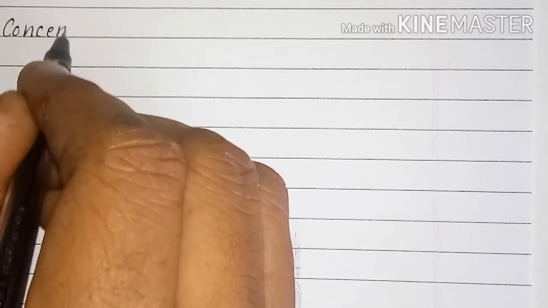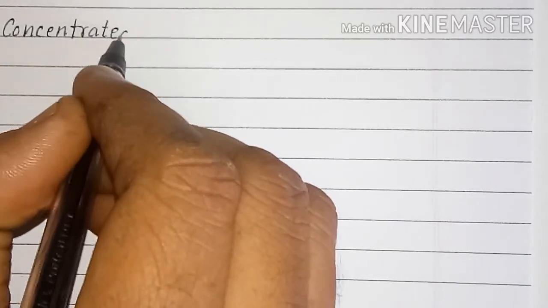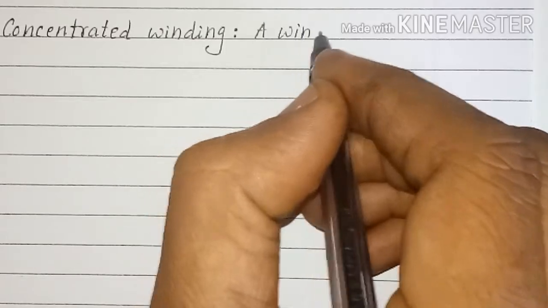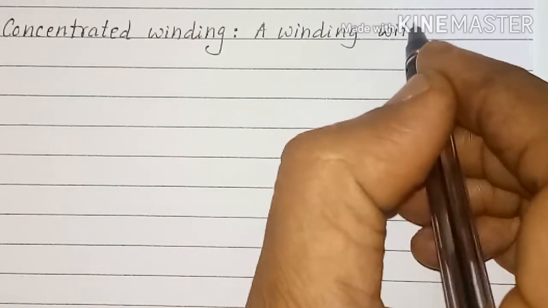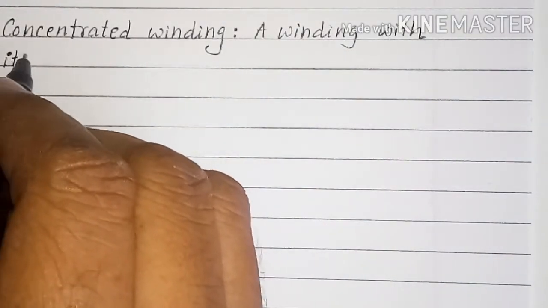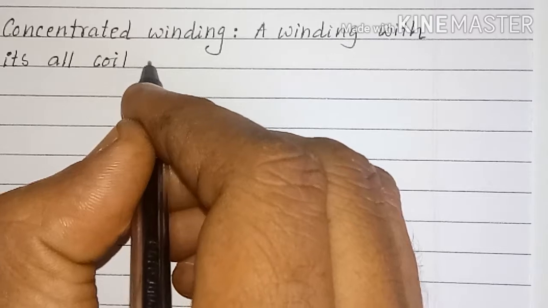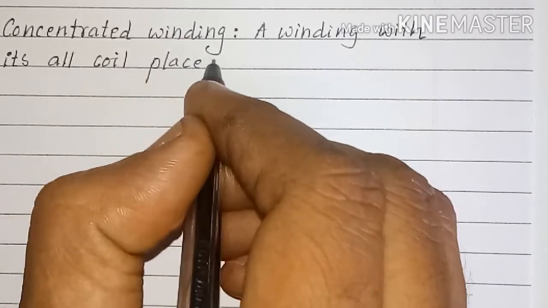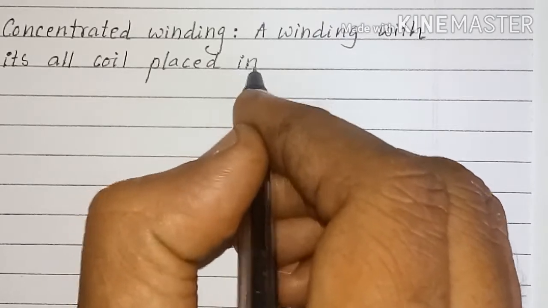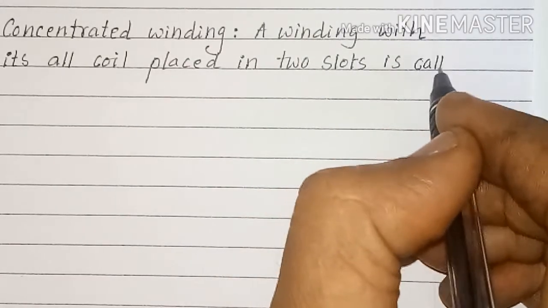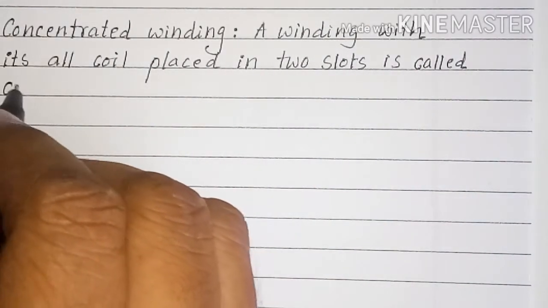Next definition is concentrated winding. A winding with all its coils placed in two slots is called concentrated winding.